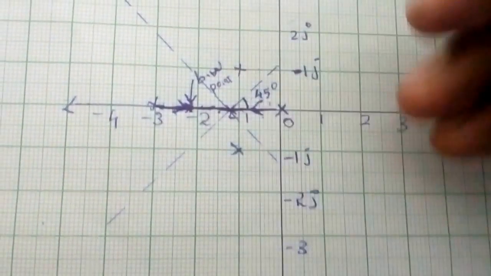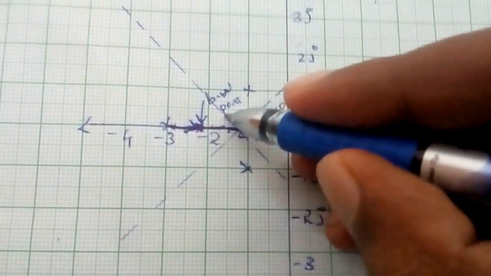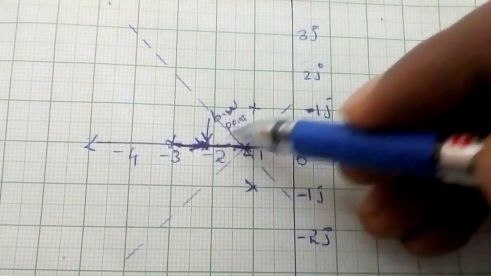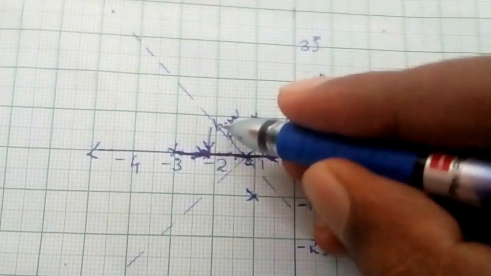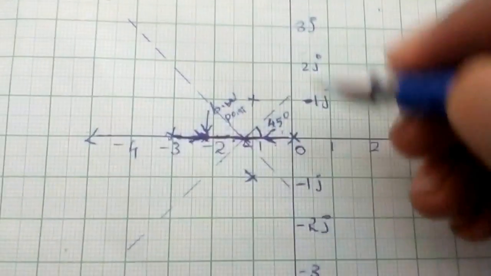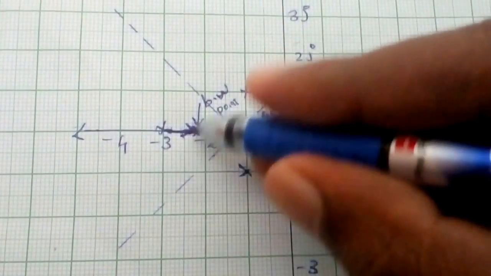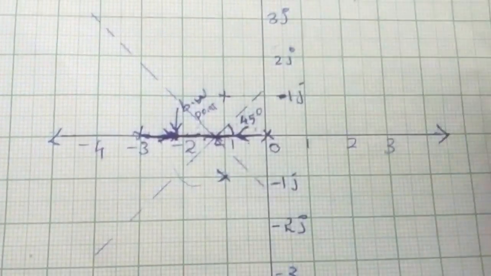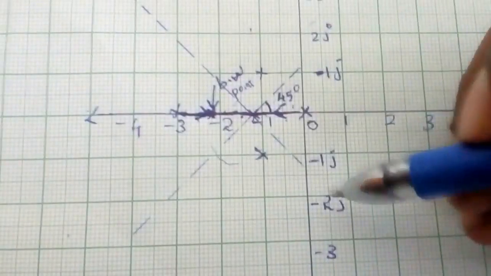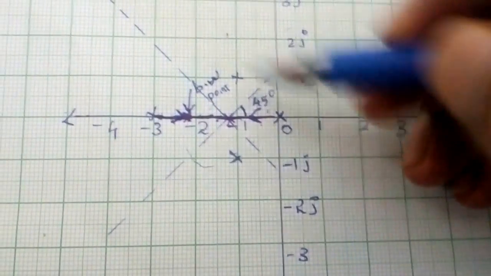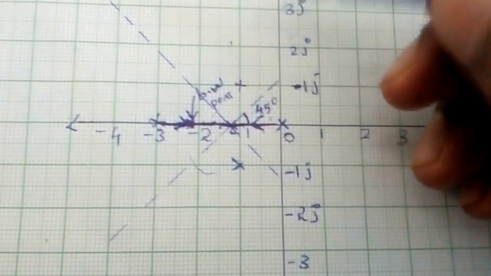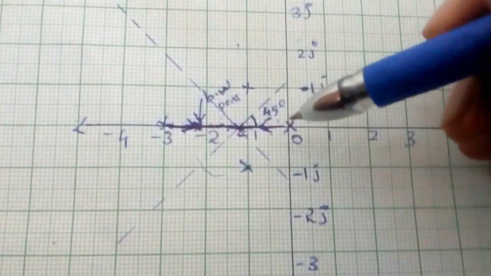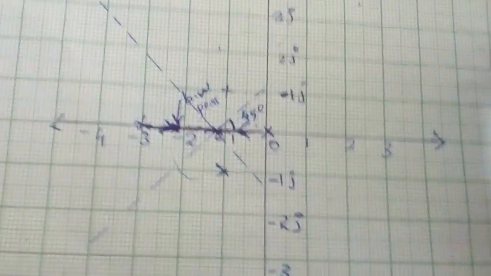So 45 degrees, and then 135 degrees, 225 degrees and 315 degrees. I guess now we all understand how the asymptote is drawn through the centroid.